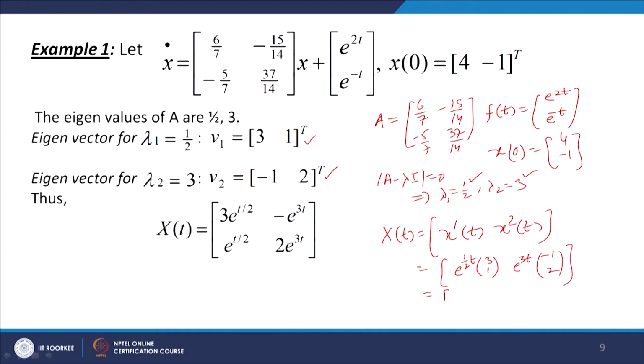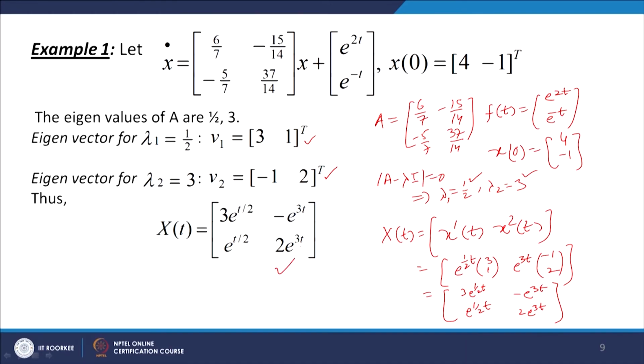You can see this will give the matrix with first column (3e^{t/2}, e^{t/2}) and second column (-e^{3t}, 2e^{3t}). So, we get this fundamental matrix.